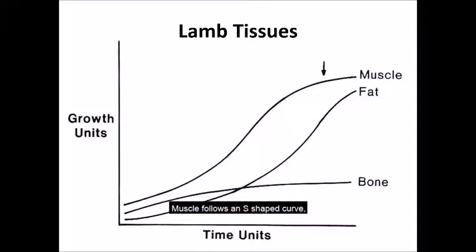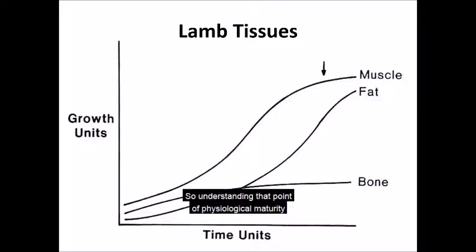Muscle follows an S-shaped curve, eventually plateaus at maturity, and you see an arrow there, which indicates some physiological maturity. And fat is less predictable. A lot of that depends on nutrition, but if this curve were to continue, muscle and bone would plateau, and fat, in theory, could continue to keep going up and up and up. Obviously, there's an upper limit of that, but a sheep can be made pretty obese with age and nutrition.